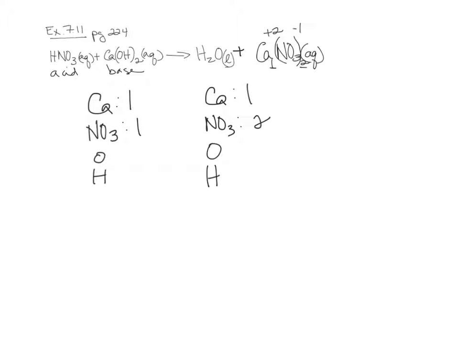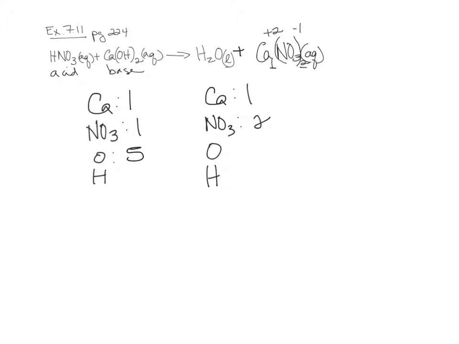For oxygen, on my reactant side, I have 3 oxygens here, and then 2 with that OH. That 2 does apply to the O. So that means I have 5 oxygens all together on my left. On my right, I have 1 oxygen here, and 3 times 2 gives me 6 oxygens.